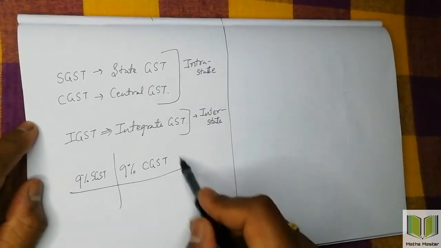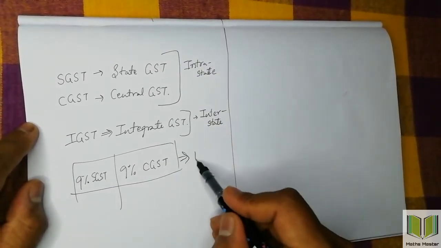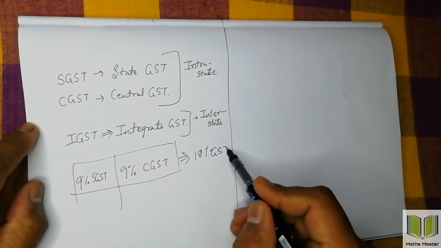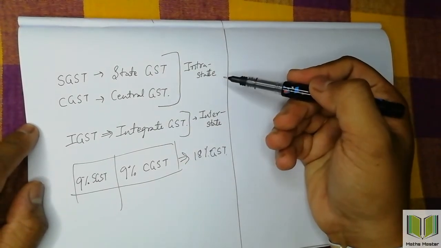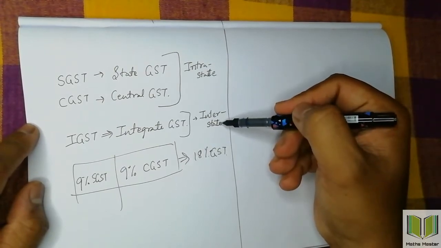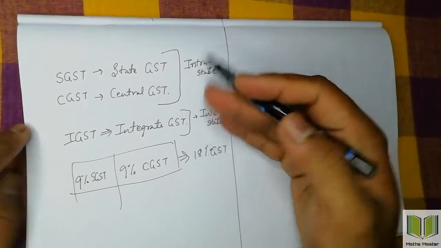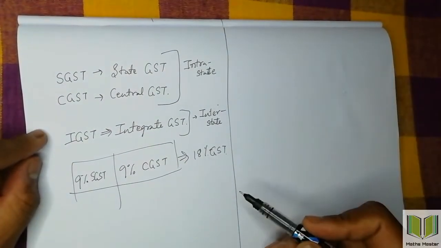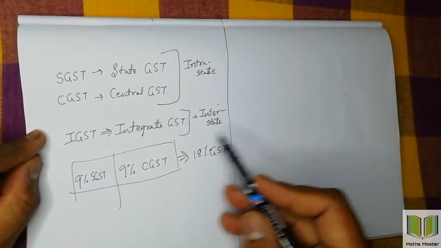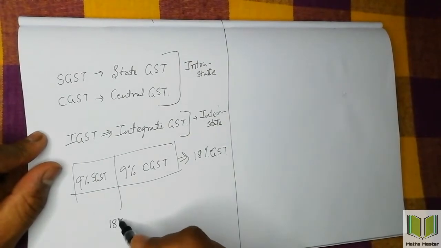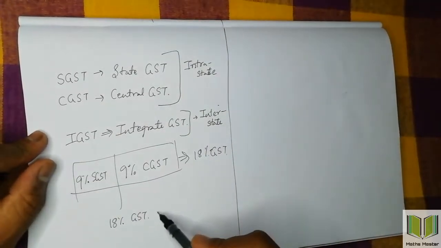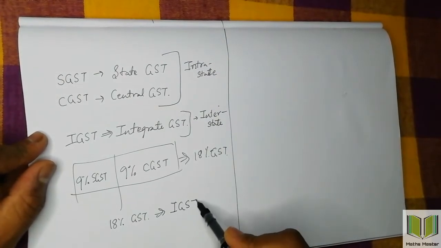This is how the division of tax happens if the overall tax is 18%, and this happens in intrastate transactions. But if the transfer of goods is happening from one state to the other state, then the entire 18% of GST, whatever the tax amount, will be considered as IGST.